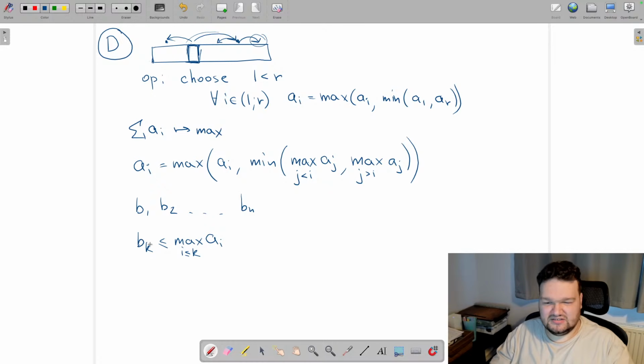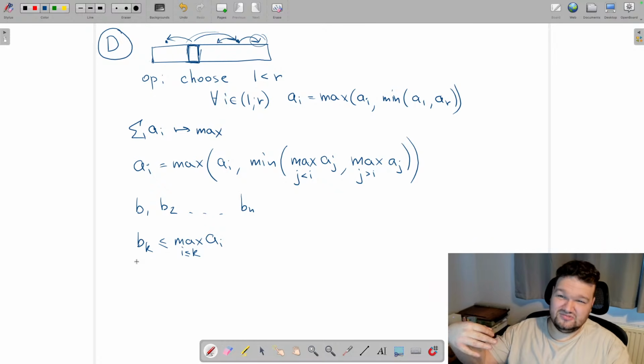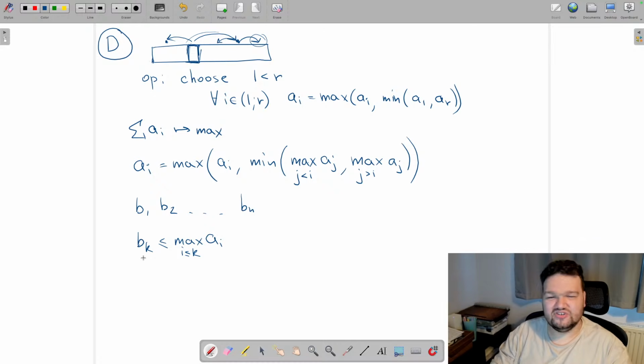And then if we have proven this for all smaller values of k, then for a given k, it is true before some operation, and in that operation we will choose some L and R. If L is at least k, then this value doesn't change.